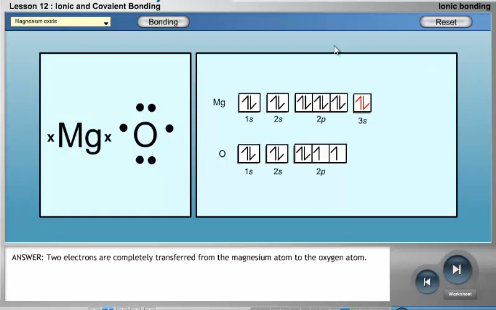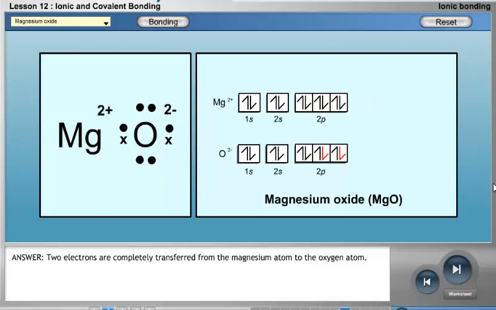Answer: 2 electrons are completely transferred from the magnesium atom to the oxygen atom. 2 ions are formed. Which ion is positively charged and which is negatively charged? Answer: the magnesium ion is positively charged and the oxide ion is negatively charged.